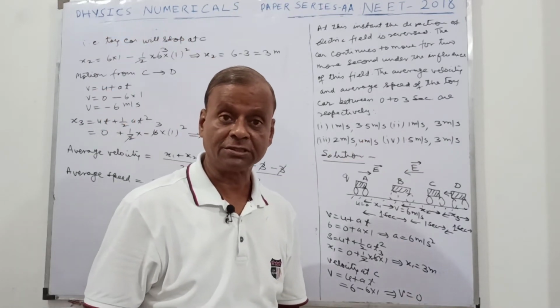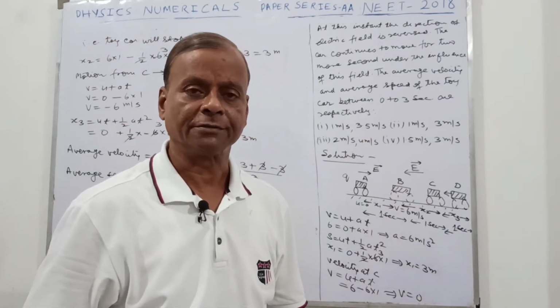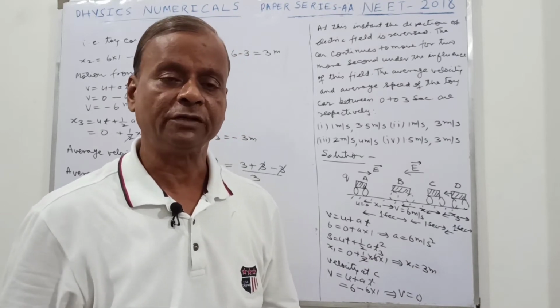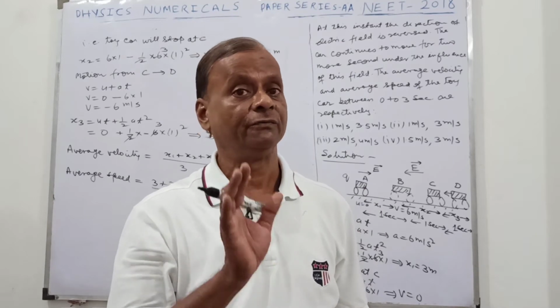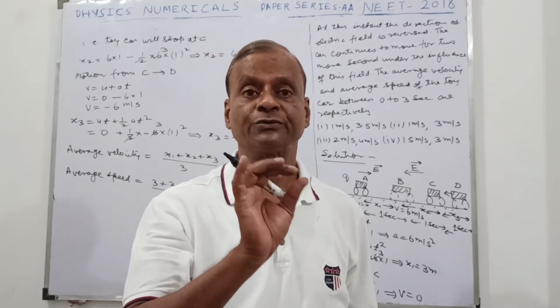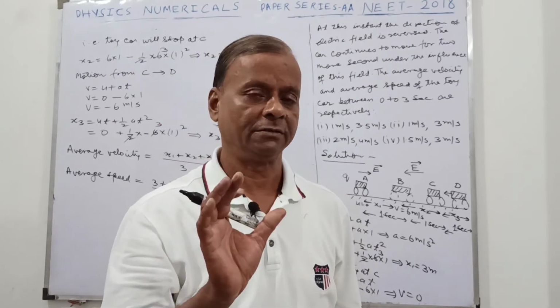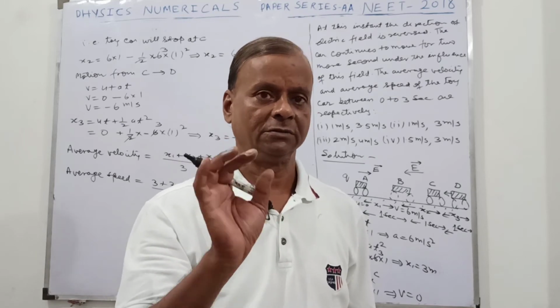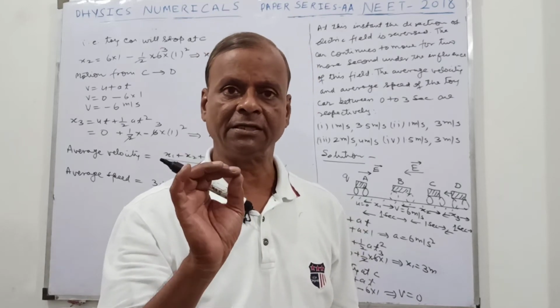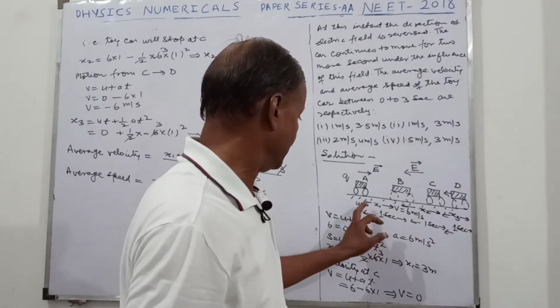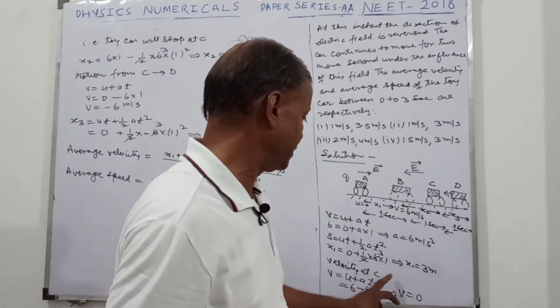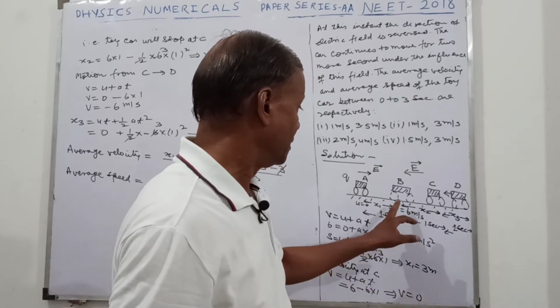This question is somewhat difficult, but we have to understand that after the application of the electric field, for the first time the car moves only for 1 second. For that you find out the acceleration and then find out its distance x1.